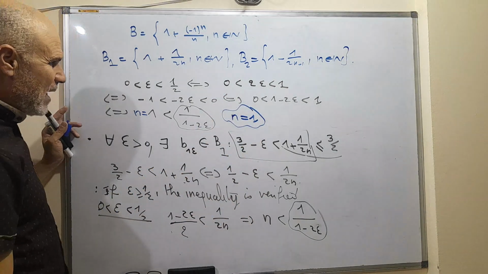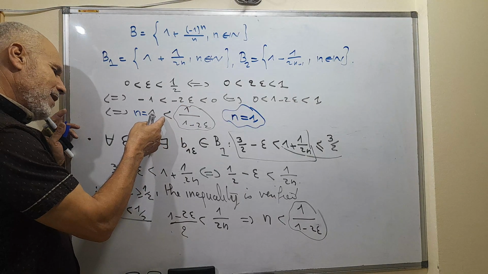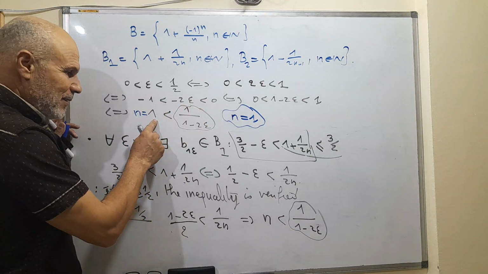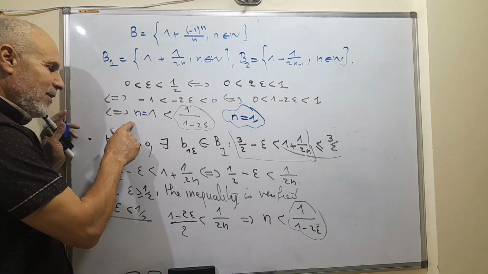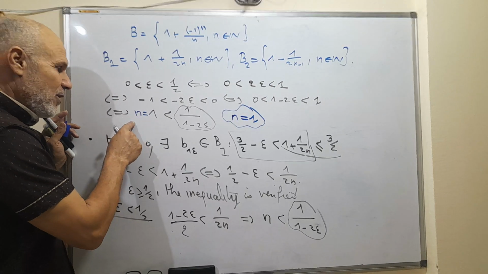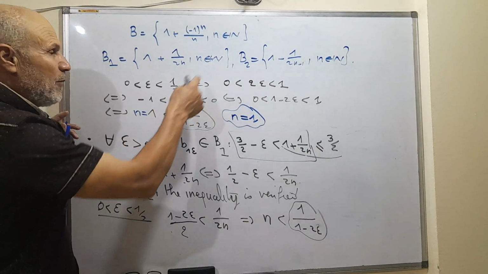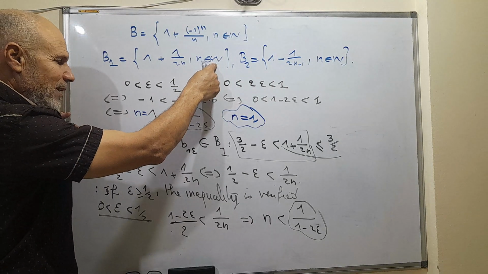Now suppose that this value is less than 1, so greater than 0. Can we find the natural number? In this case, no. Why? Because the natural number will be equal to 0, but 0 isn't here, so we are not allowed to take it.